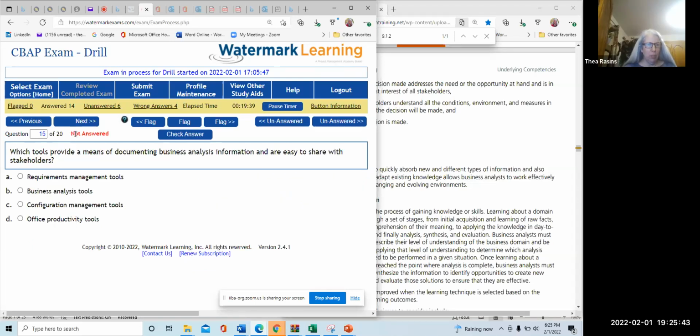We need you. Which tools provide a means of documenting business analysis information and are easy to share with stakeholders? Requirements management tools, business analysis tools, configuration management tools, or office productivity tools? I don't know.